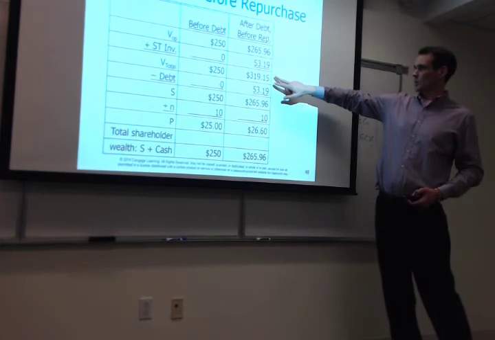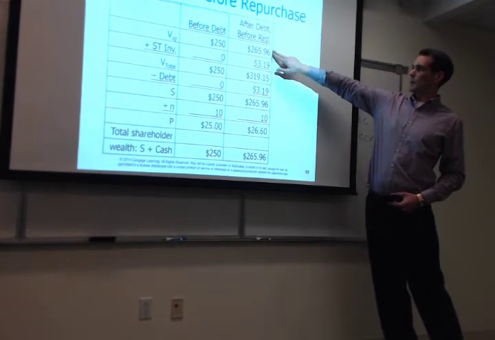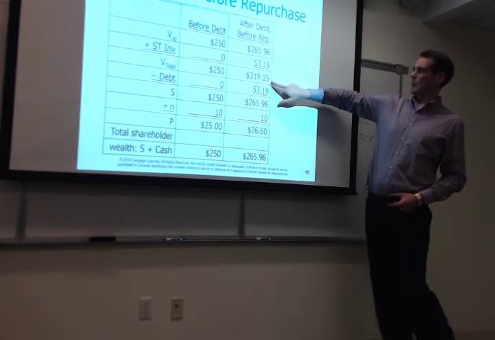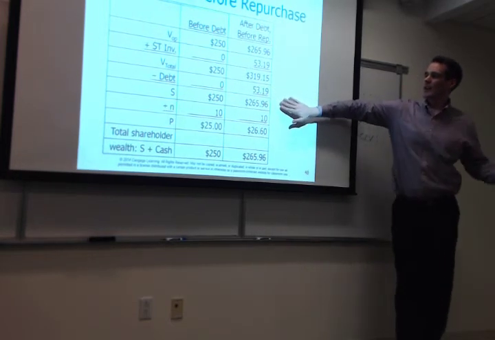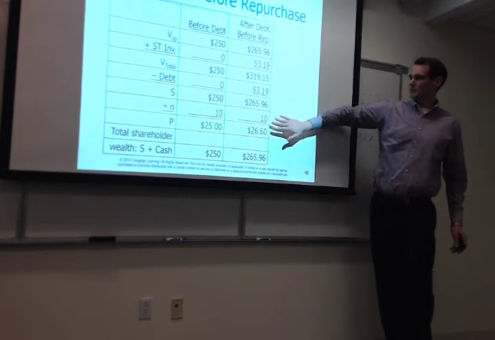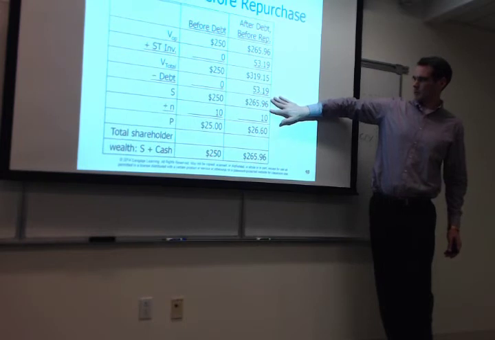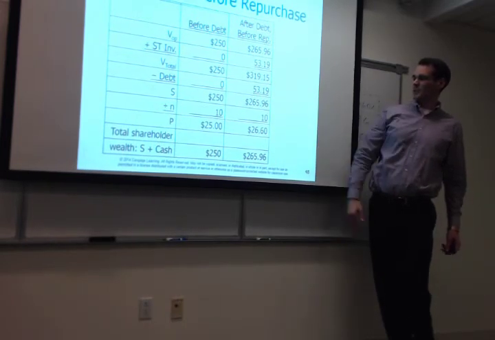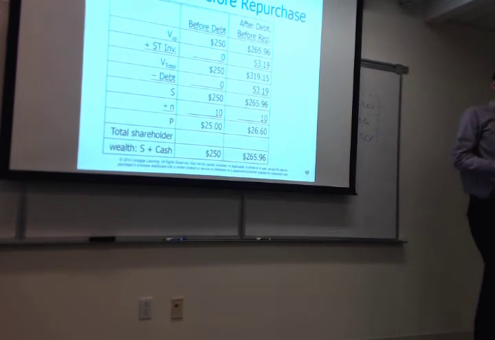We have a total value of our company plus the amount of cash we have on hand, but 53.19 of that belongs to the bank. We've increased our stock price to $26.60.